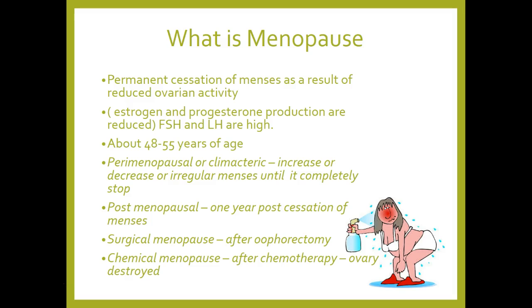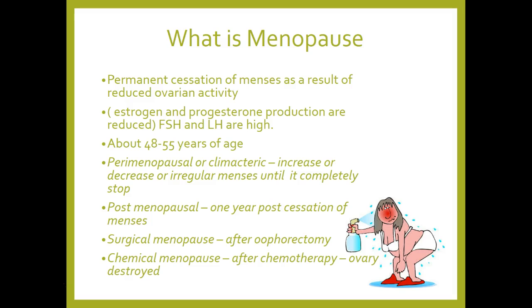It is the permanent cessation of menses as a result of reduced ovarian activity. Estrogen and progesterone production are greatly reduced. Follicle-stimulating hormone and luteinizing hormone are very high. This happens sometimes around 48 to 55 years of age.